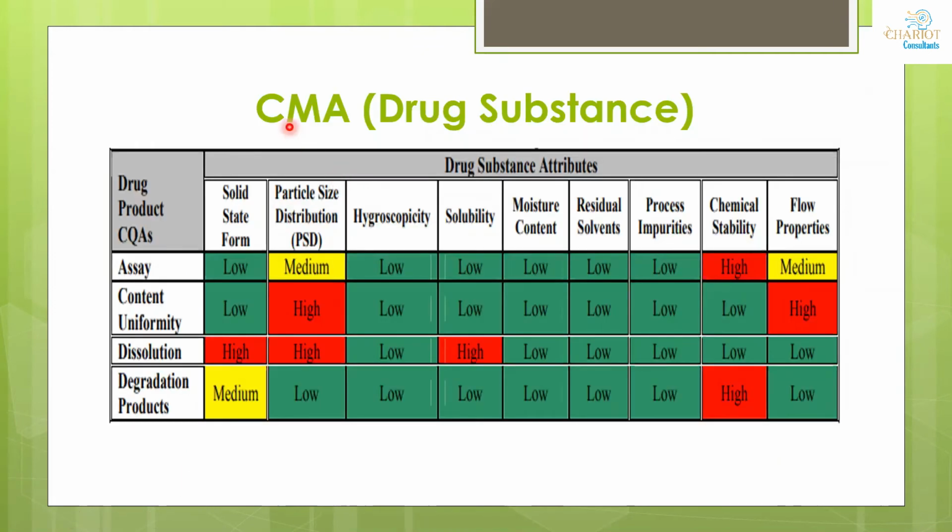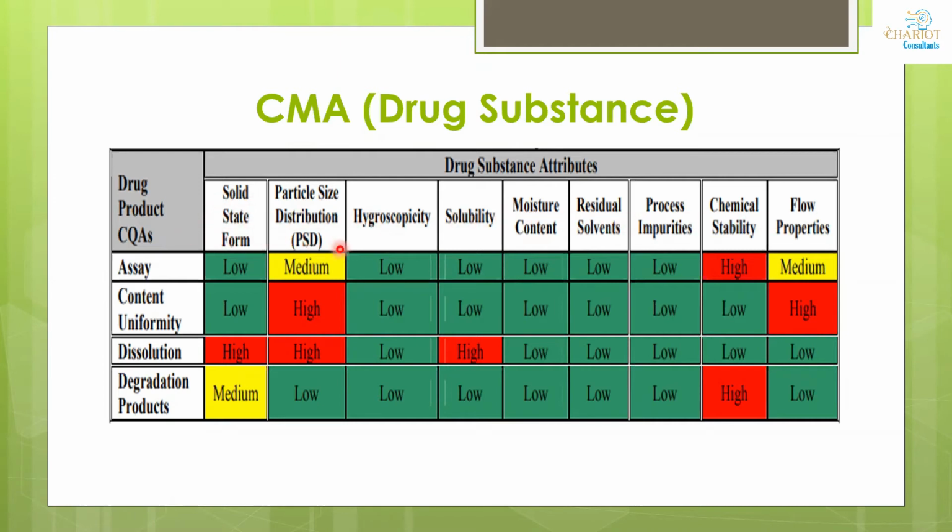Now, your CMAs that we were talking about, critical material attributes. For example, in the case of your API, what are the drug substance attributes when you have a certificate of analysis? These are the tests for which vendors tell you their limits.